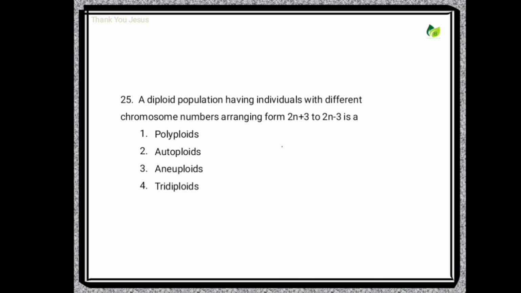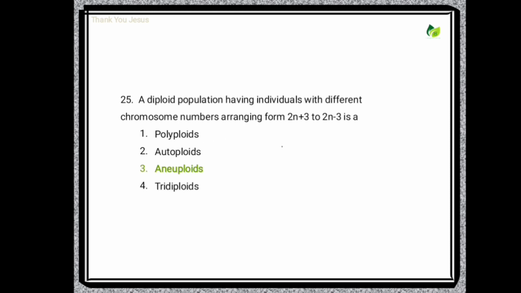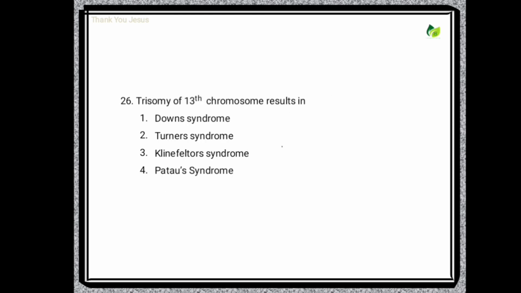A diploid population having individuals with different chromosome numbers, arranged to form 2n plus 3, 2n minus 3, is a, options are polyploids, autoploids, aneuploids, tridiploids. Already told you these come under the category aneuploids, because a loss or addition of single or many chromosomes to its genome is called aneuploidy.